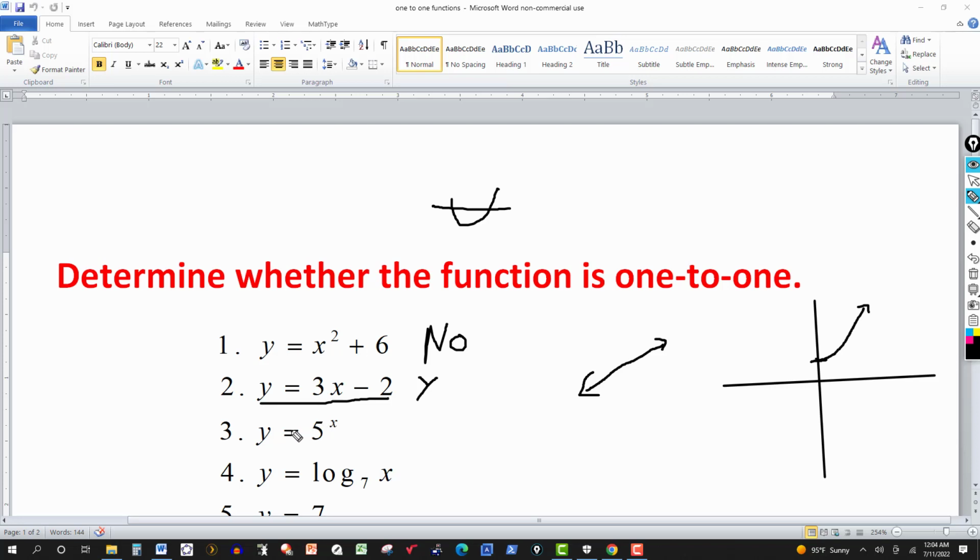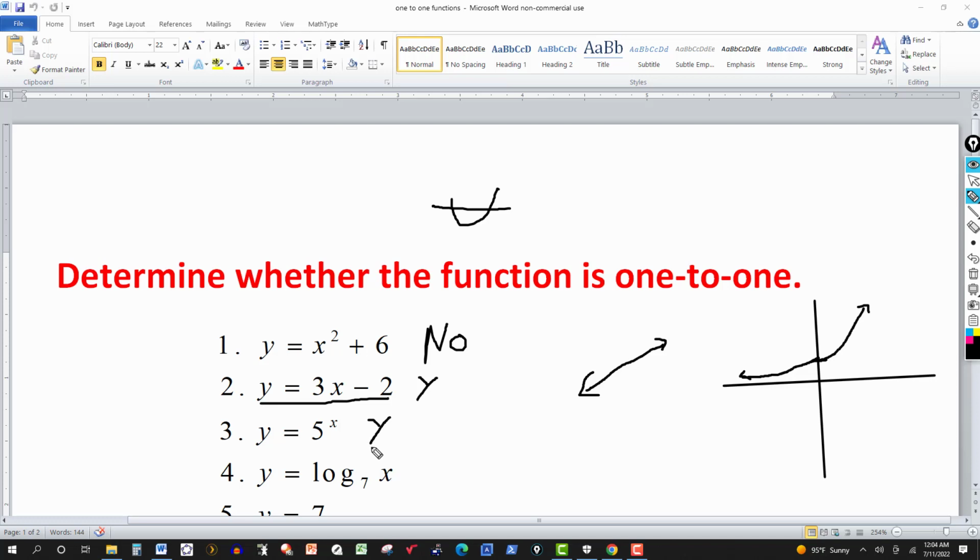So as x gets negative to the left, the values of y are getting smaller, and they approach the x-axis. Never touches. So the x-axis is a horizontal asymptote, but it passes the horizontal line test. So it is one-to-one. So this one is yes.